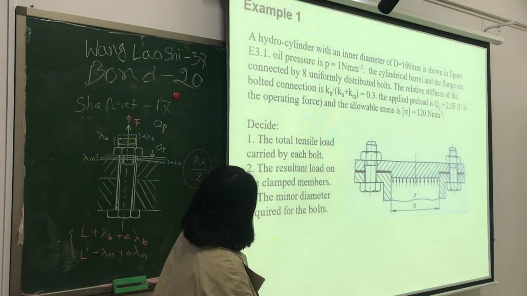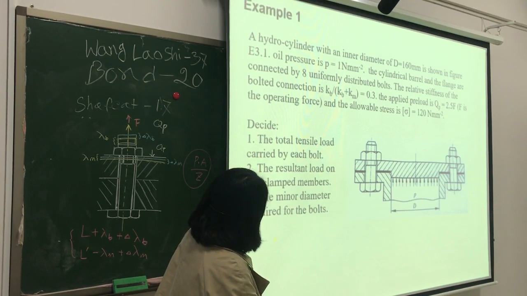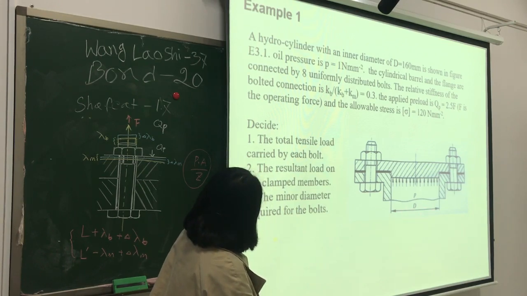Example: a hydraulic cylinder with an inner diameter D of 160 millimeters and oil pressure P of 1, connected by 8 uniformly distributed bolts.